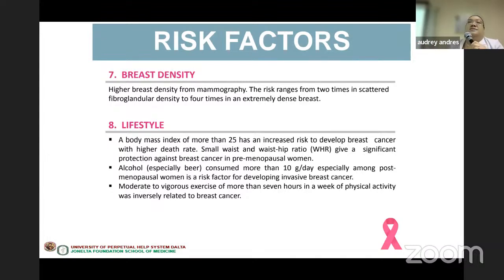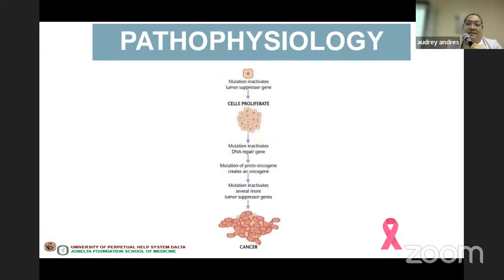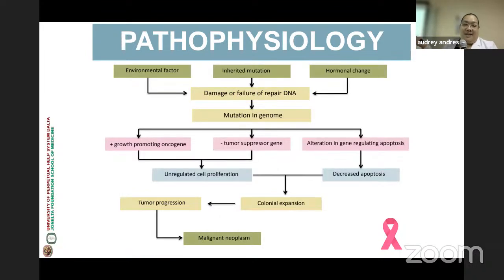And moderate and vigorous exercise. Okay. So what's the pathophysiology? So mutation, cancer, inactivated tumor suppressors, cells proliferate, and the mutation multiplies, and thereby proliferates with abnormal cells.